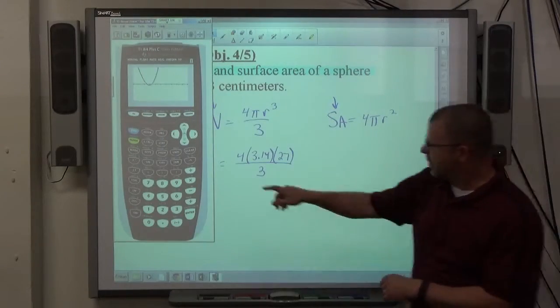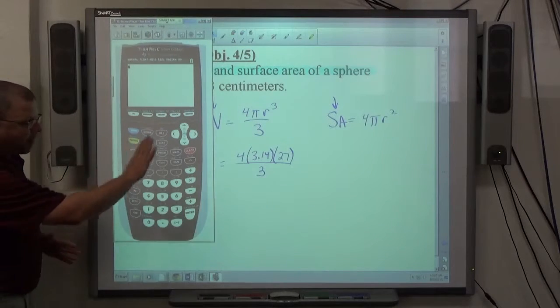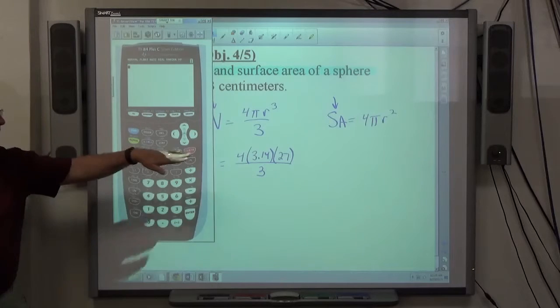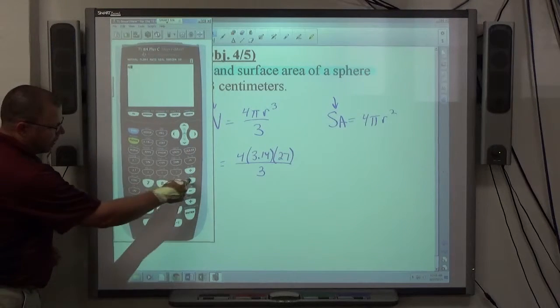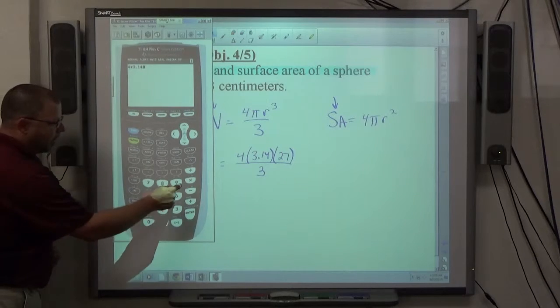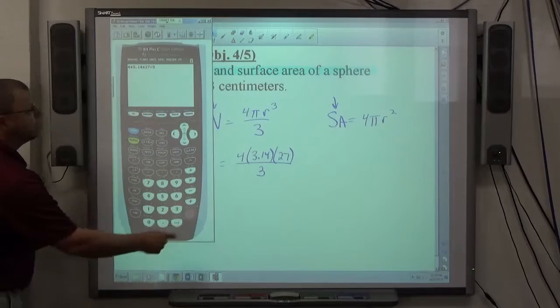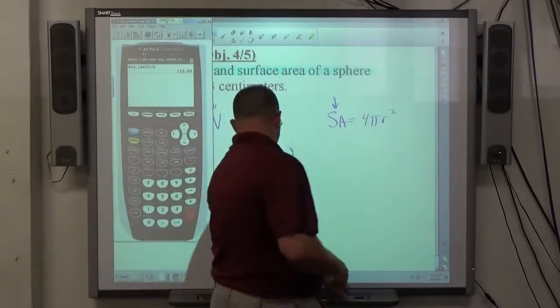So I figured out exactly what I needed to type in my calculator to find the volume. The way you type in a bunch of stuff divided by 3 is you type in all the top stuff first. 4 times 3.14 times 27 divided by 3 equals. Just like that, it spits out the answer, 113.04.